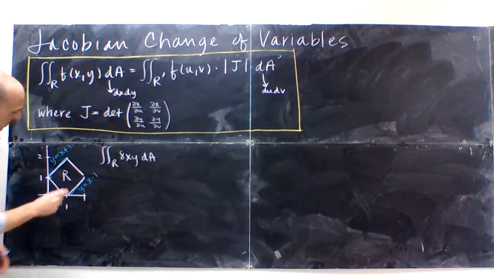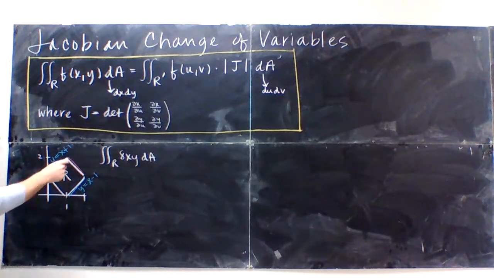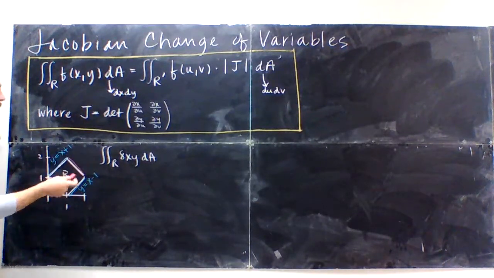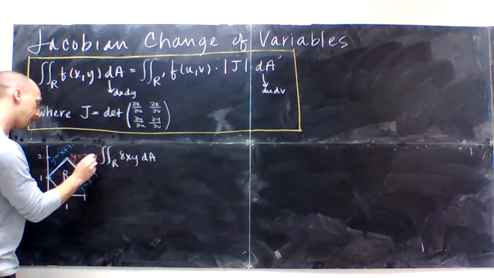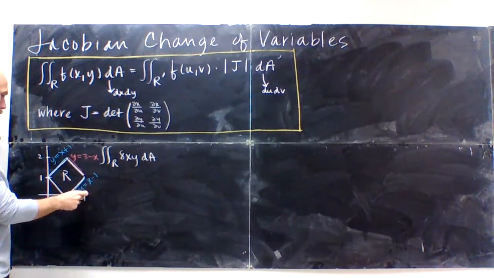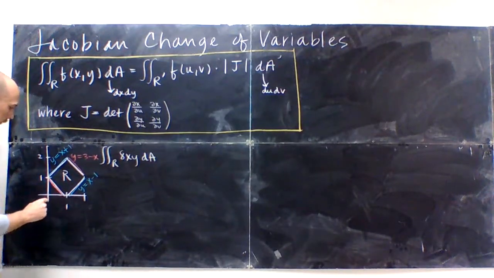Now for these two curves, this is the point (1, 2), so this is y equals 3 minus x. Okay, (2, 1), yeah, got it. And then this is going to be y equals 1 minus x.